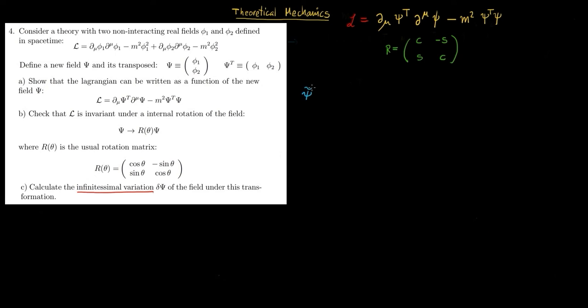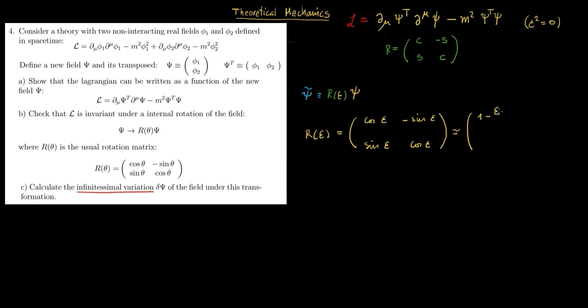Okay, let us continue with the exercise, and now we are asked to calculate the infinitesimal variation of this transformation. So in this case, we convert the angle into an infinitesimal quantity. The matrix will now be this expression. If we do a Taylor expansion, it becomes this.